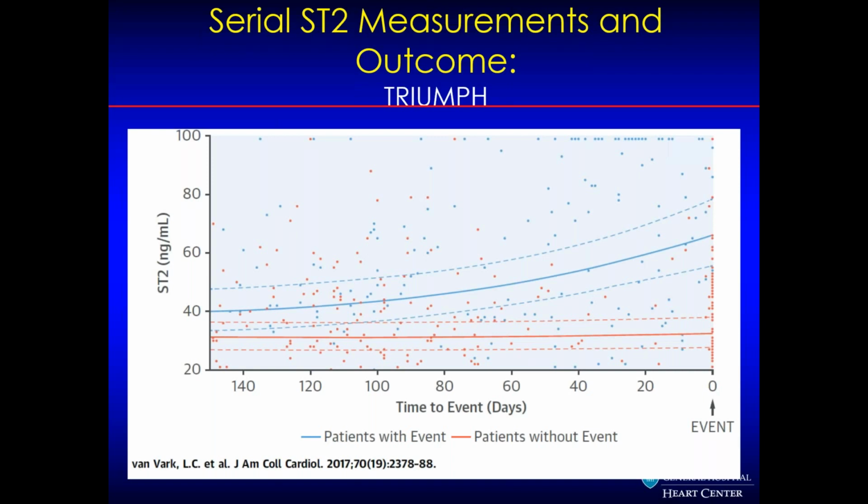So the question then is, what do you do? How do you reduce the risk? Well, I've already shown you how treatment with valsartan lowers concentrations of ST2 and reduces the risk for a heart failure complication. There are other therapies that affect ST2 concentrations.